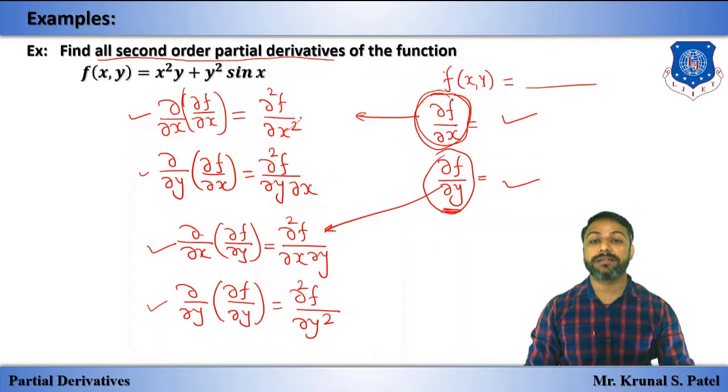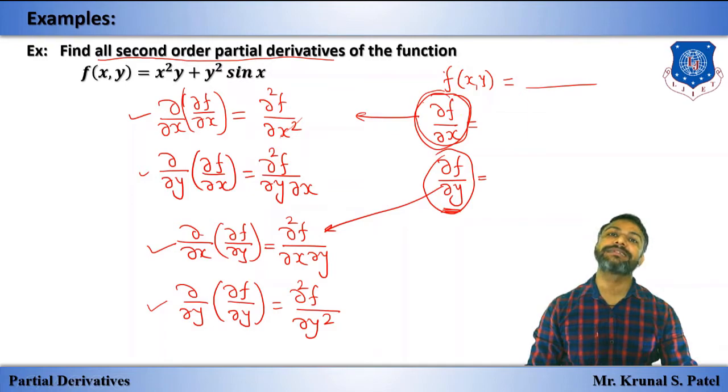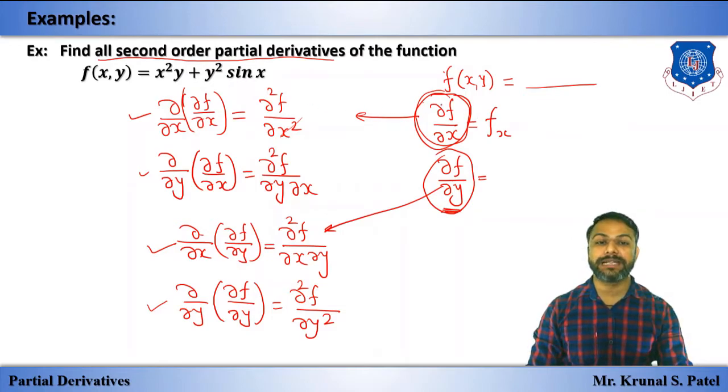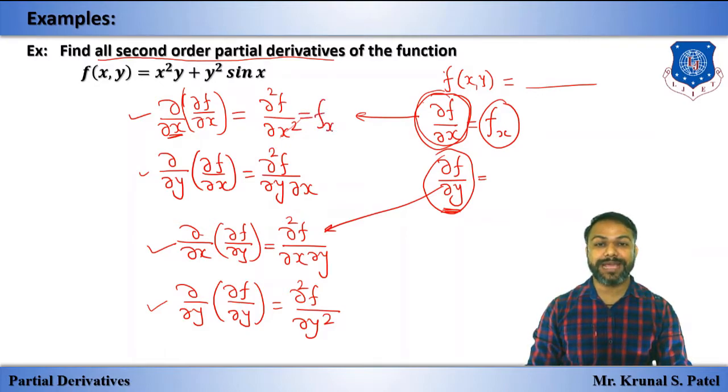Okay, and what are the notations? Let's write down the notation also so you can understand better. So notation of del f by del x is what? We know that, f x. Now if I am differentiating this term fx with respect to x, it is written as fxx.